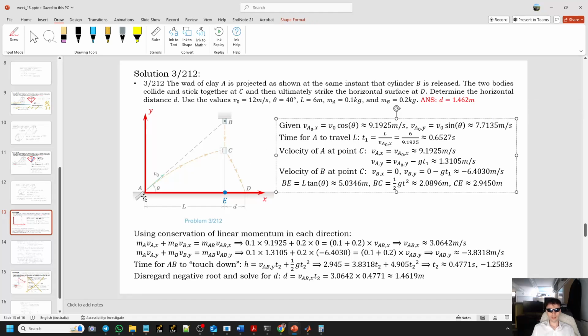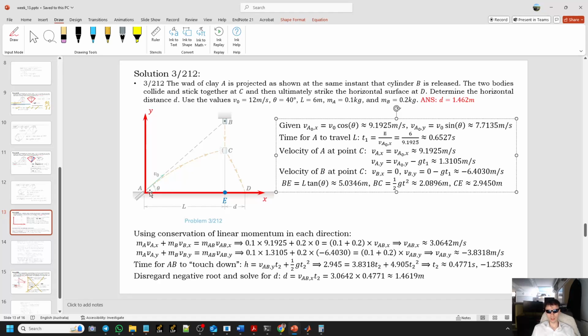And we know that in the x direction there is no acceleration, so v0 cosine theta times T is the displacement in the x direction, which is this, and we have the L, which is 6 meters. We will find T1.